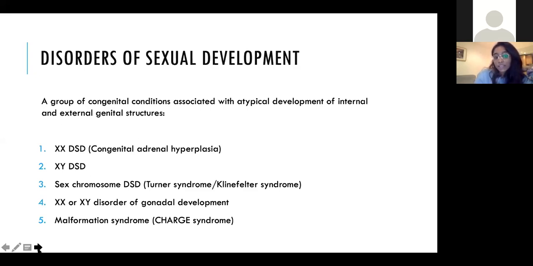Okay, so you can have 46XX DSD, which is essentially virilized females, and the most common one is congenital adrenal hyperplasia. Okay, I know this has come up so many times, but like I explained before, it is associated with abnormal function of the enzymes that are responsible for the production of androgen, cortisol, and aldosterone.